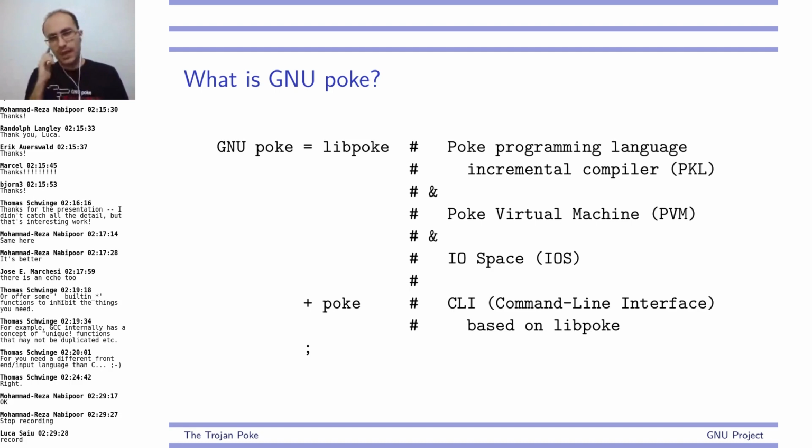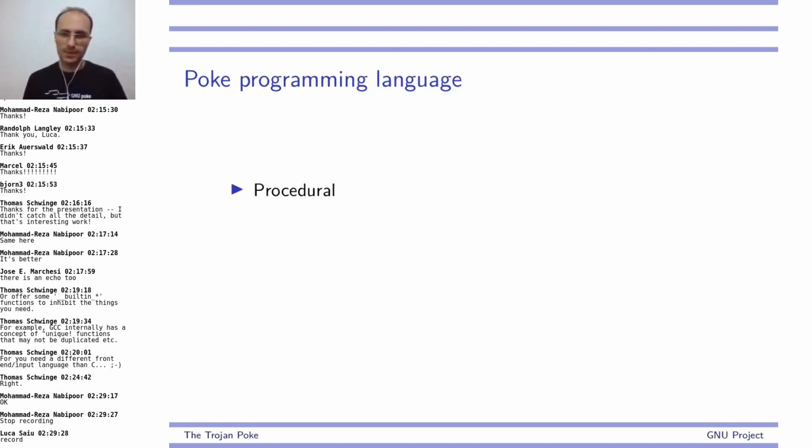And libpoke provides us the incremental compiler for the Poke programming language, the PVM, the Poke virtual machine, which the compiler generates code for and which runs the actual code, and the IO space, which is the place where things happen, the actual poking and peeking.